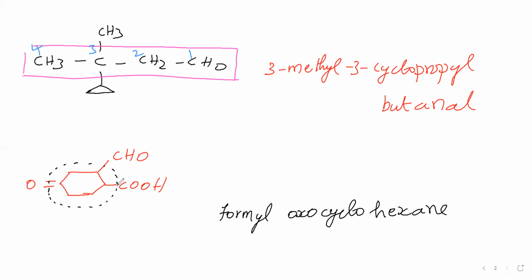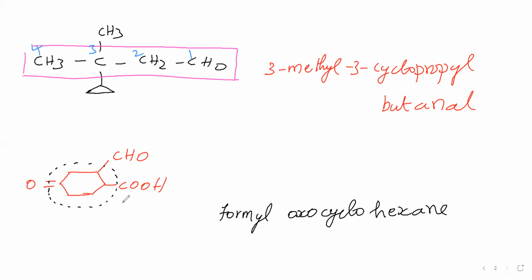In this carboxylic acid, the carbon is not included in the parent. So this carboxylic acid as a secondary suffix we cannot say as oic acid, because its carbon is not included in the parent.